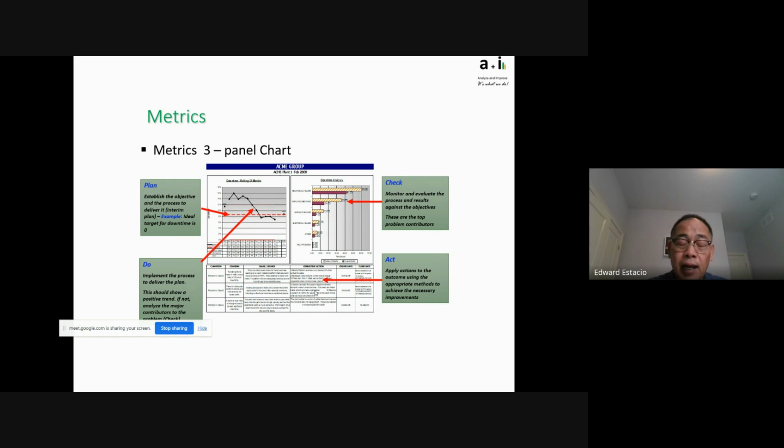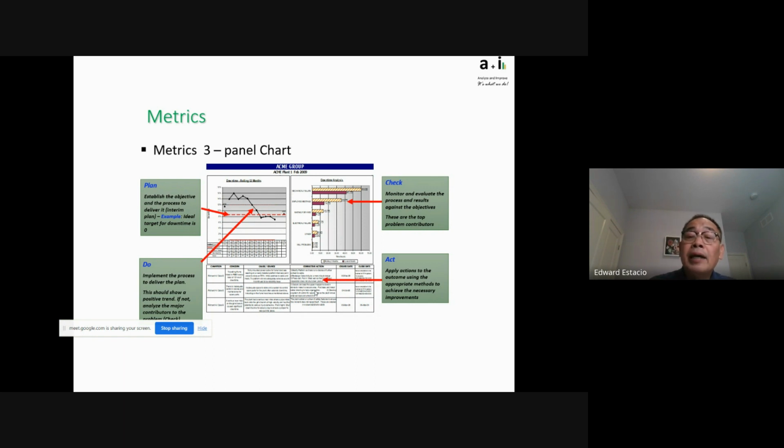Because in a lot of cases, there's not just one reason why we're seeing downtime issues. So we need to check that. We need to monitor it. Yes, we're still way above the downtime target that we have. What are we going to do? We need to come up with action plans now.